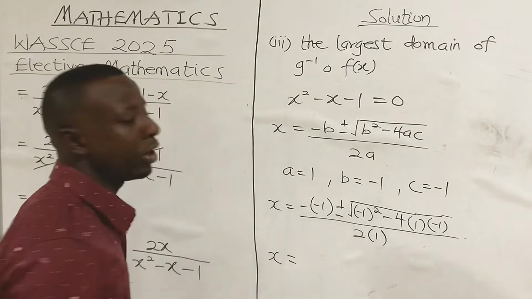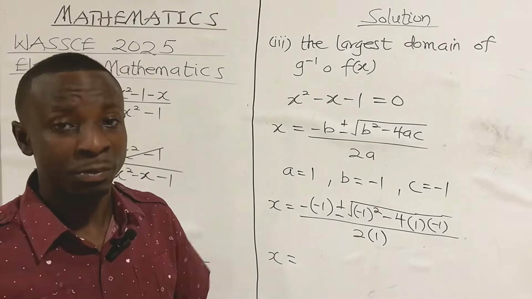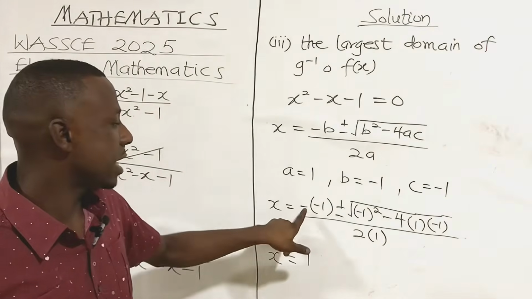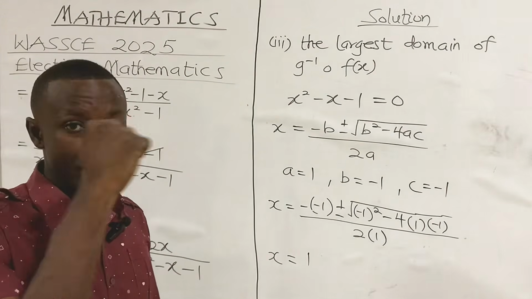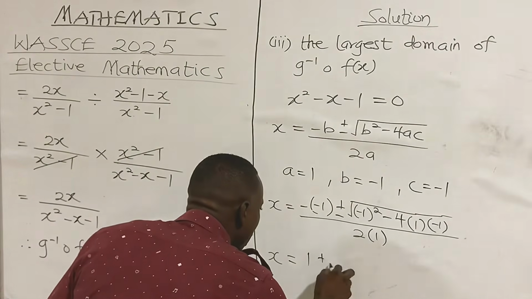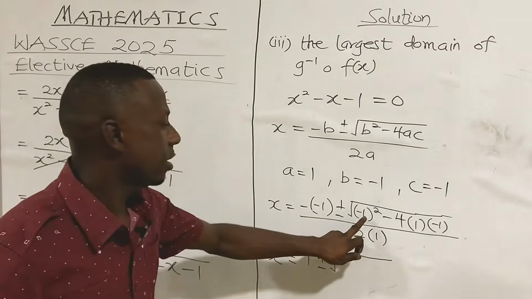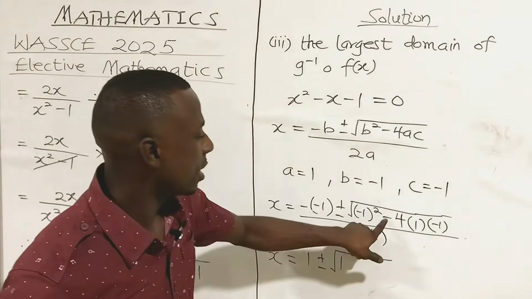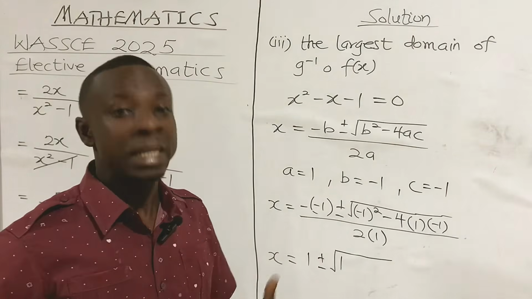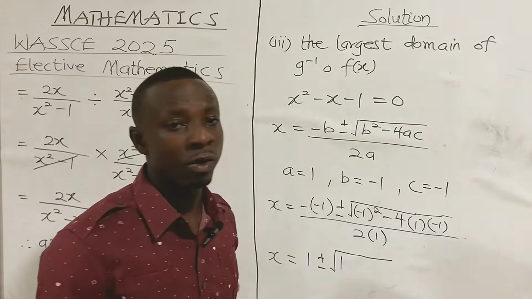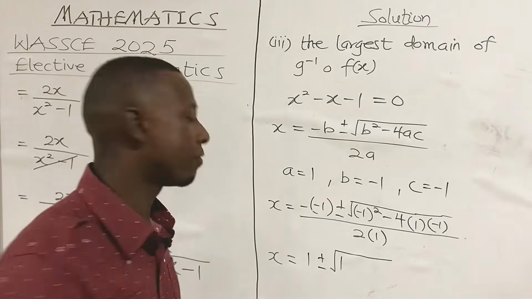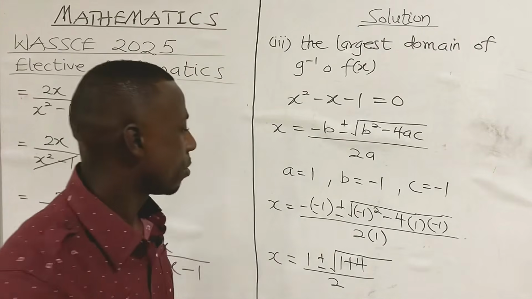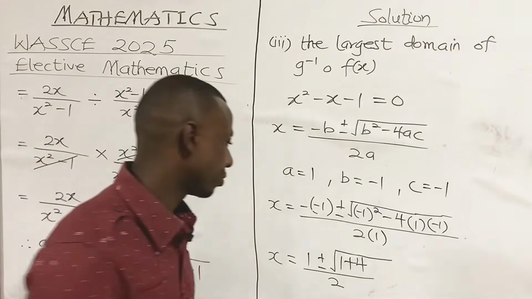So here I am going to simplify them further. I have positive 1 because negative negative is going to be positive, plus or minus root of negative 1 squared, I have positive 1. Negative 4 times 1, I have negative 4. Times negative 1, it is going to be positive 4, all over 2 multiplying 1, we still have 2.